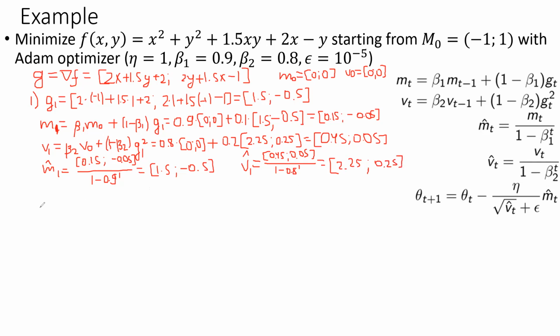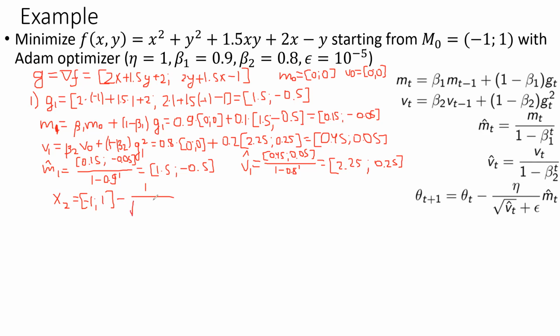Now we can calculate our new x. So x2 will be our new value. So our old value, which is -1, 1, minus eta, which is 1, divided by the square root.